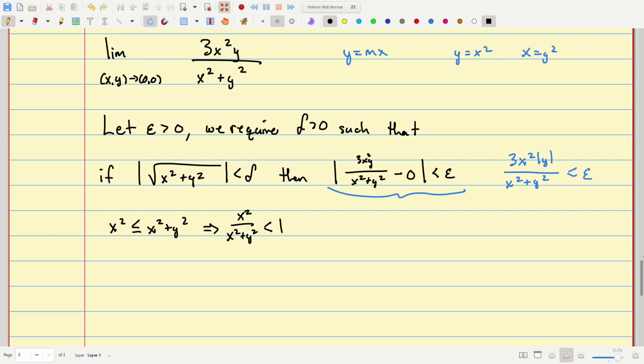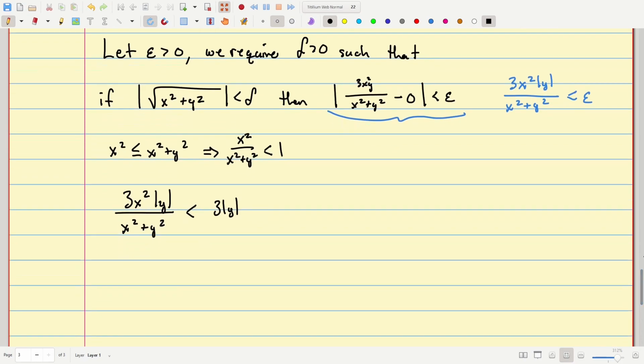right? Because this is less than 1, this has to be less than this. Multiplying a positive number by 1 makes it smaller.